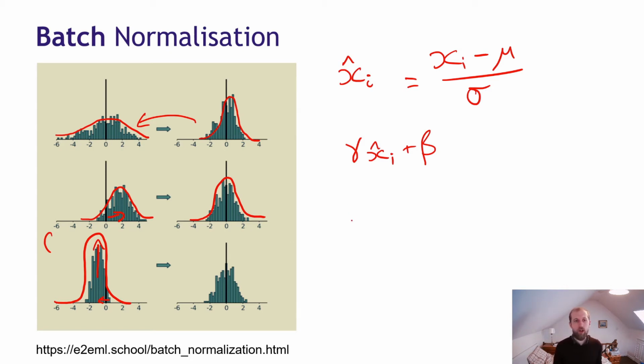The other nice property of batch normalization, which is really, really useful, is if you remember when I first discussed that we need to decide the batch size, we had this idea that we're going to have a data set like this and we're going to randomly sample certain data points.